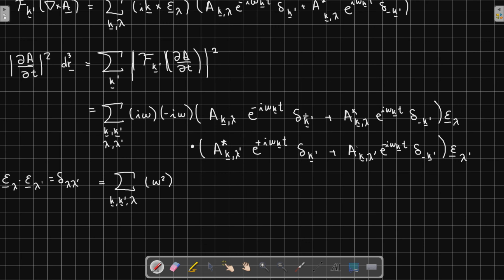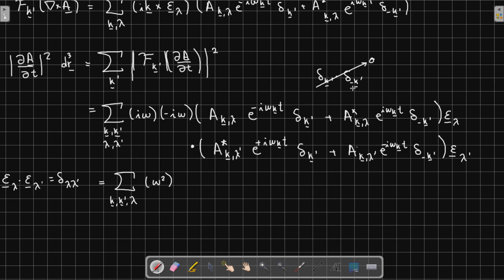Now remember, when we're summing over k and k prime, the delta k prime and the delta k prime with minus sign, right? All terms of this product will have to cancel out because one is 0 unless k is equal to k prime, and the other is 0 unless k is equal to minus k prime.